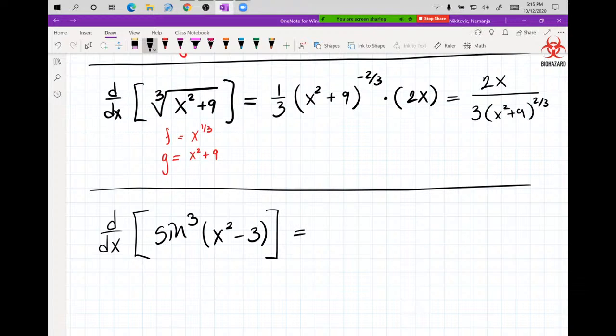What is so new or important about this particular example? Do we have to use the product rule?